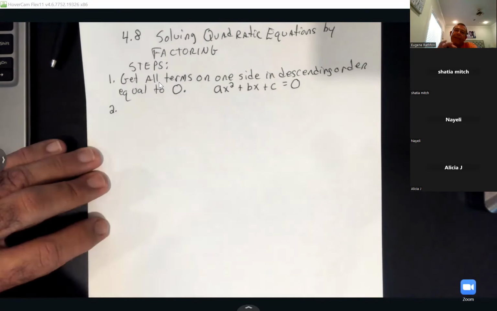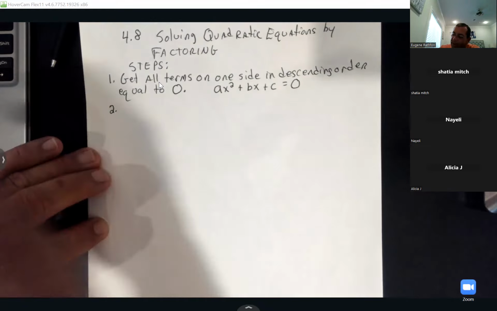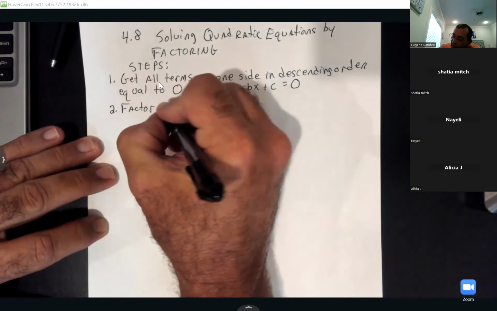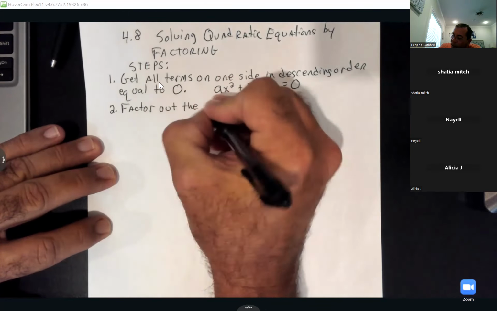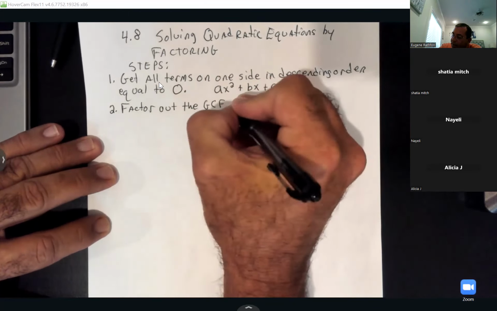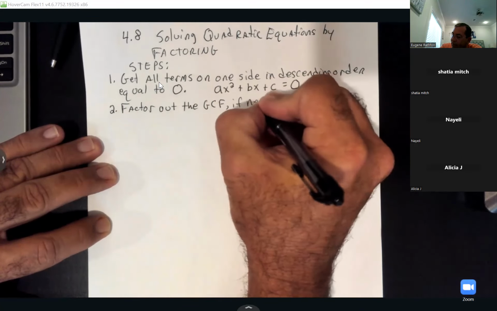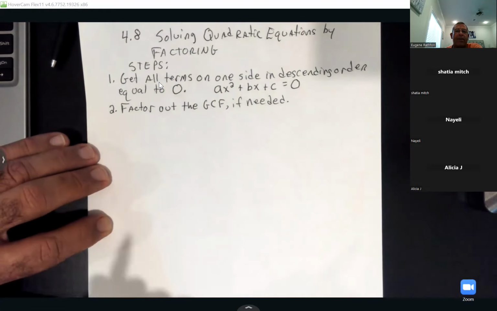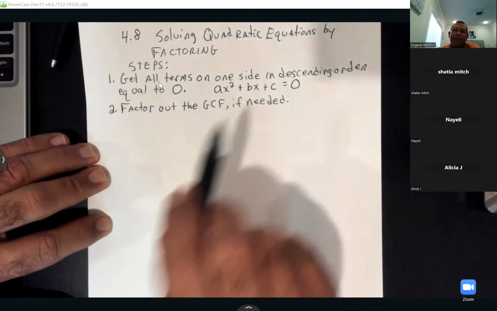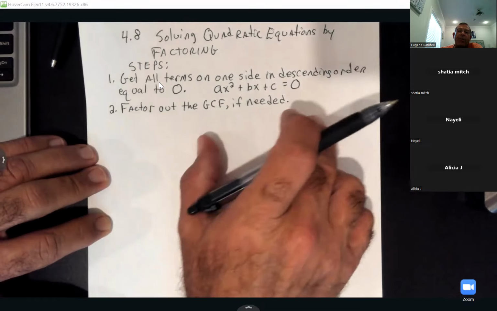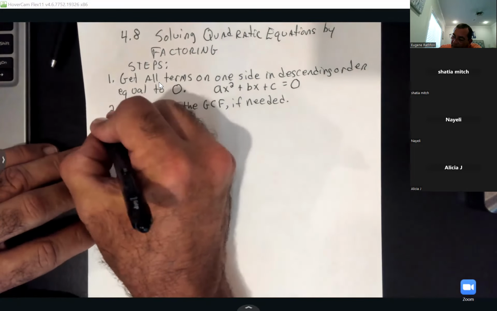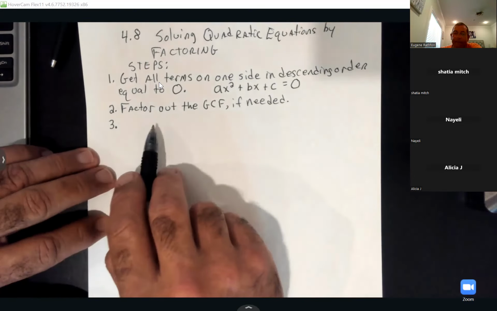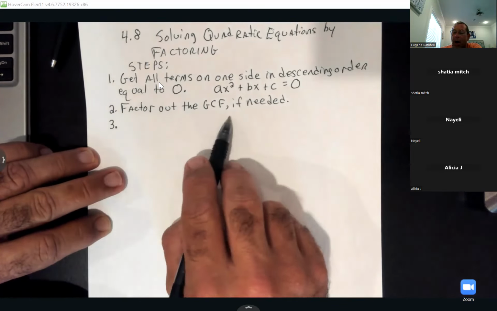So y'all, once I got everything on one side equal to 0, my first step is to factor out the greatest common factor if needed. It might not have a greatest common factor, but if they do have a greatest common factor, the first thing I got to do is factor that out. All right, at that point, I'm going to factor the polynomial.